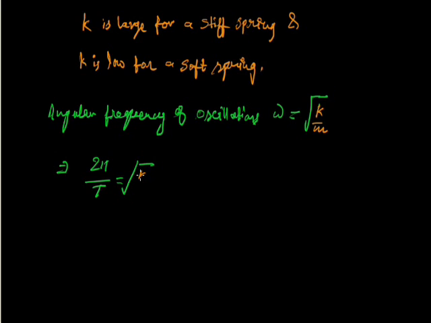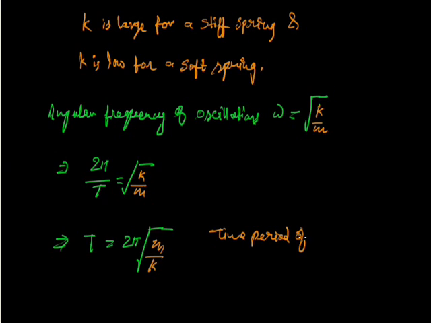This will be equals to k upon m, or T equals to 2 pi square root of m upon k, the time period of oscillation. Remember here that the m denotes the mass which is attached to the spring.